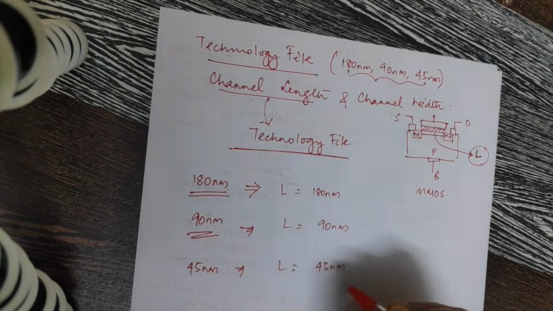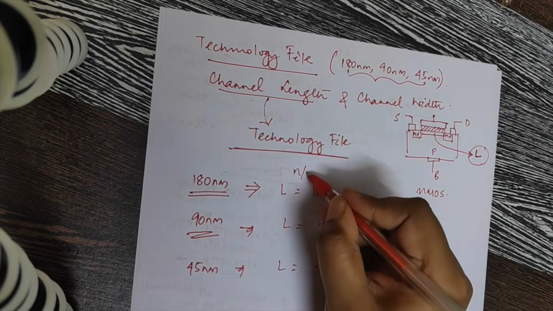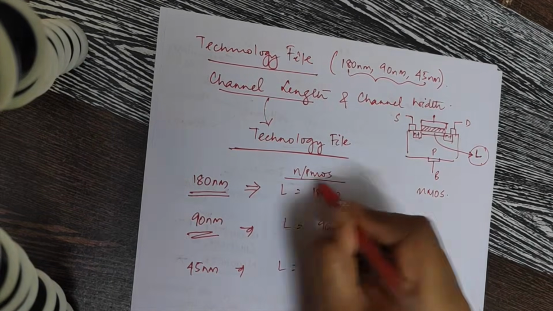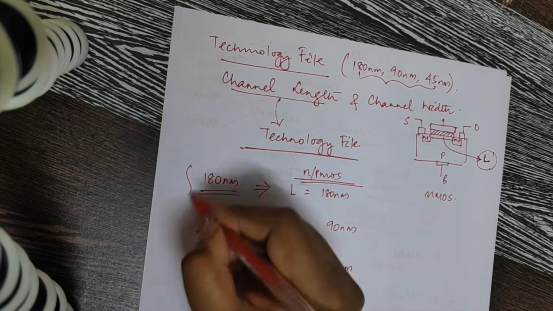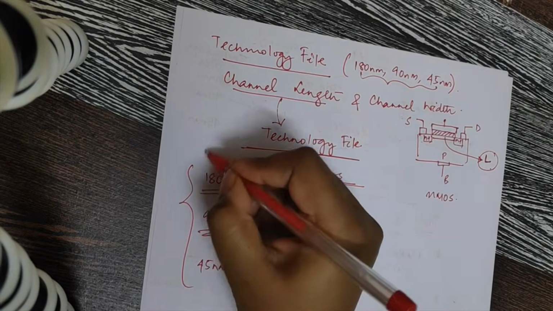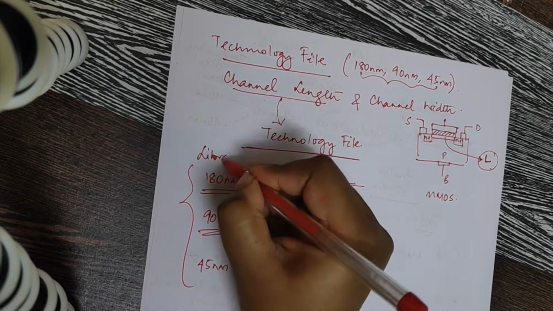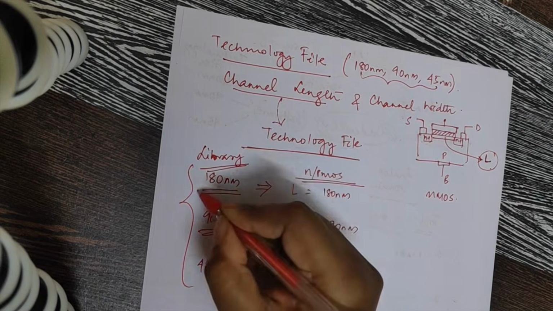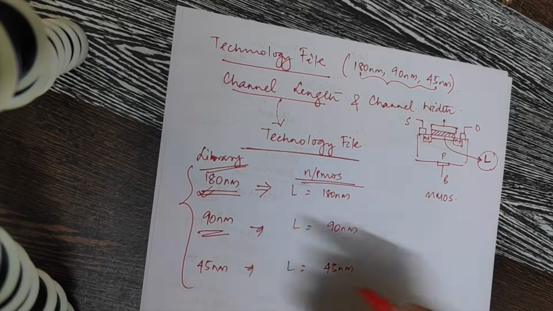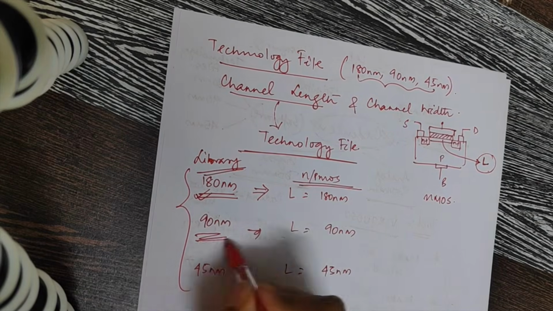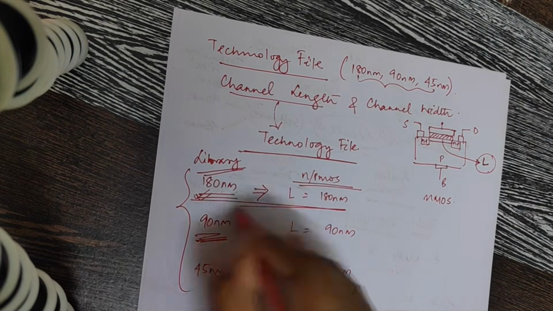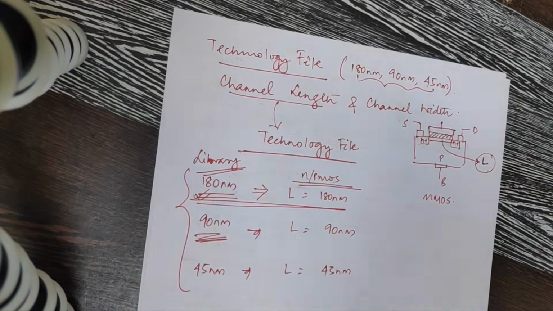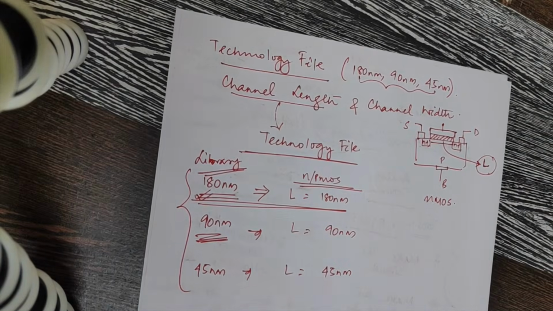All the MOSFETs, meaning NMOS or PMOS, both are MOSFETs, right? If I am choosing 180 nanometer, in between I cannot add a MOSFET having 90 nanometer channel length. Not allowed. So if I am working in 180 nanometer, all the MOSFETs should be of this library.